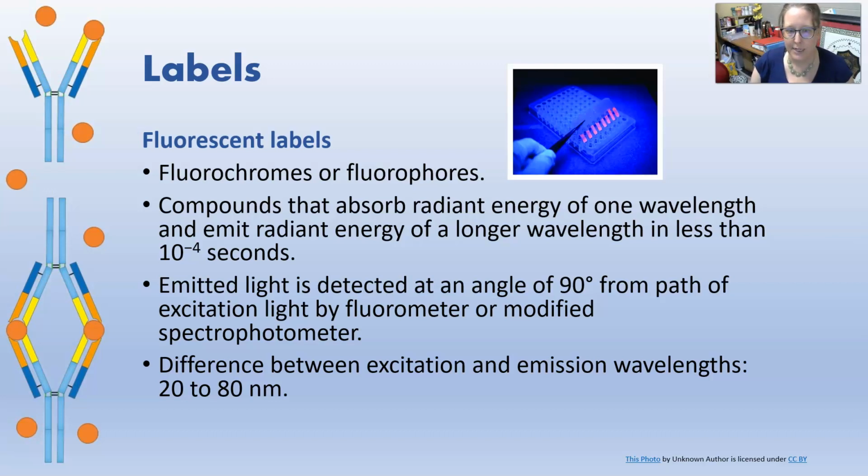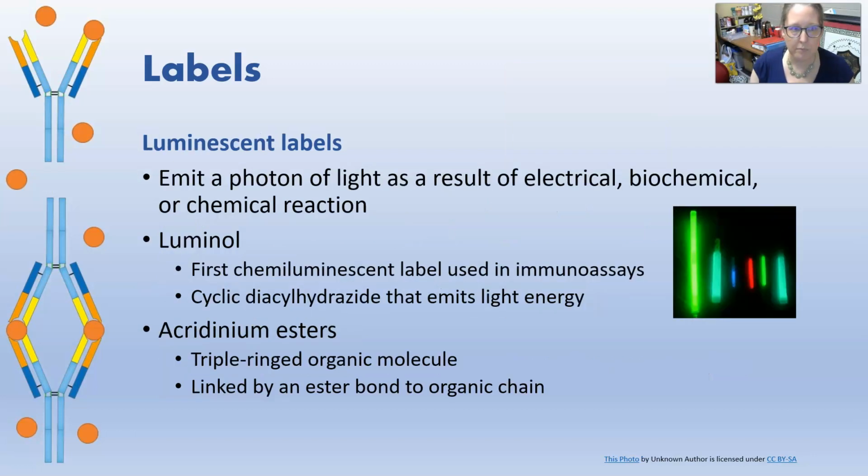The difference between the excitation and emission wavelengths is usually 20 to 80 nanometers. So they're your glow-in-the-dark stuff. We can tag antibodies with fluorochromes or fluorophores, shine light on them, detect the light emitted, and we can see if they're there or not.